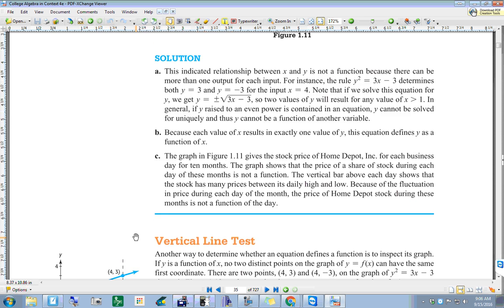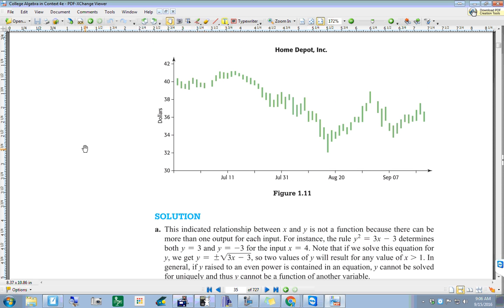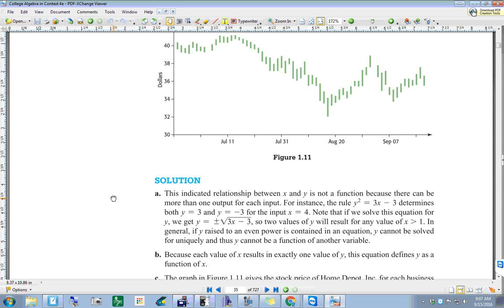So if I go back to that idea with the Home Depot thing, all of those are what? Every little mark that's in that graph is what kind of a line? It's a vertical line. I mean, it already fails the vertical line test because they're not points, they're vertical lines. I draw a vertical line on it, it'll hit it in more than one spot.